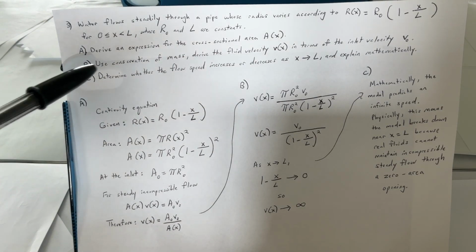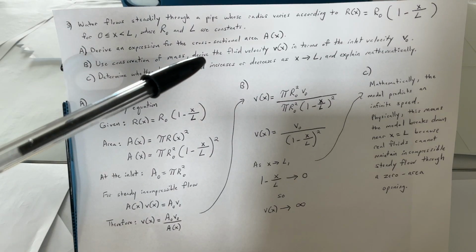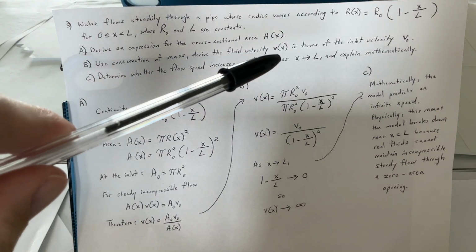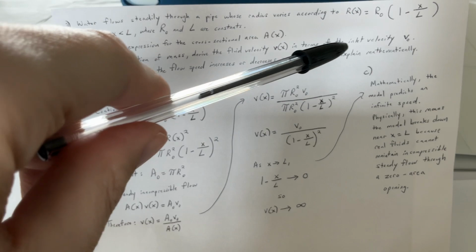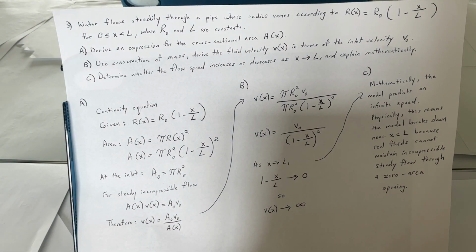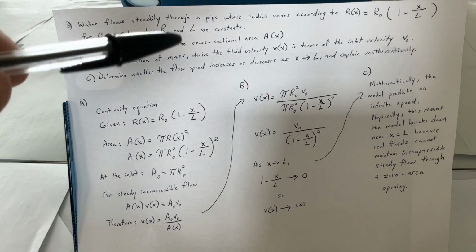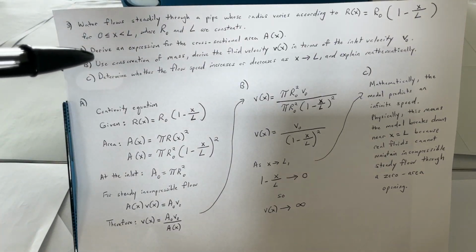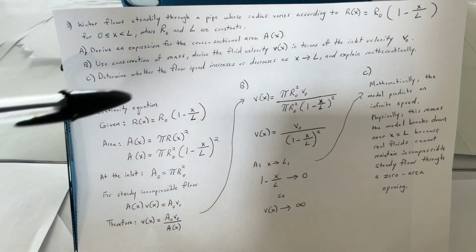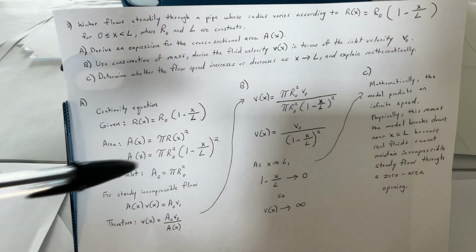For part B, use conservation of mass, derive the fluid velocity v of x in terms of the inlet velocity v naught. Okay, so let's see. And again, I kind of jumped the gun. My apologies. Derive an expression for the cross-sectional area. We did that.